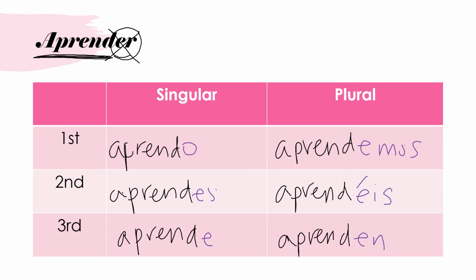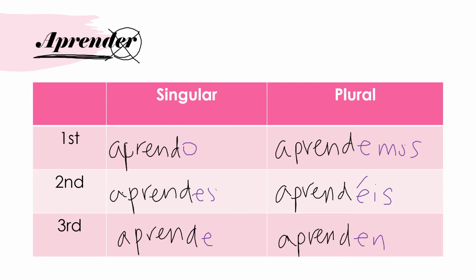All right, so yo aprendo, I learn. Tú aprendes, you learn. Él aprende, he learns. El perro aprende, the dog learns. Nosotros aprendemos, we learn. Vosotros aprendéis, y'all learn. Ellos aprenden, they learn. All right, you see how it's breaking apart?